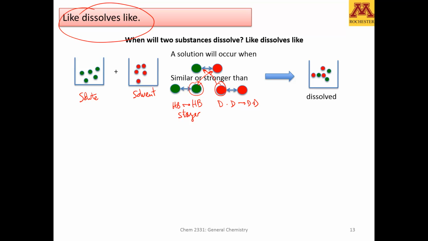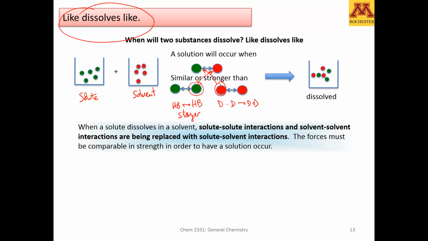So to find a common ground, solute and solvent need to interact with the same kind of interactions. In other words, this is what it means like dissolves like. A molecule that can show hydrogen bonds will likely dissolve with another molecule that also shows hydrogen bonds. Otherwise, one or the other will rather be interacting with its own kind.